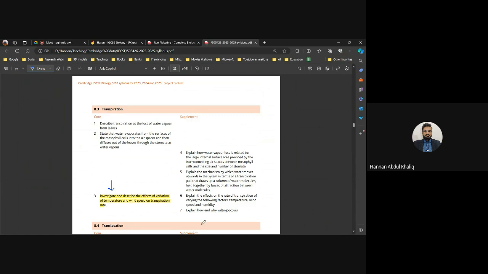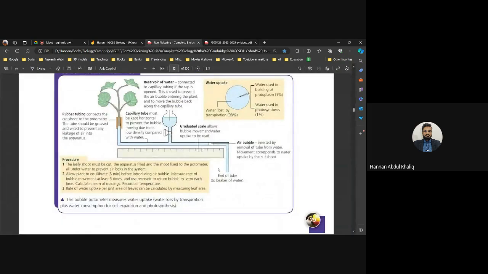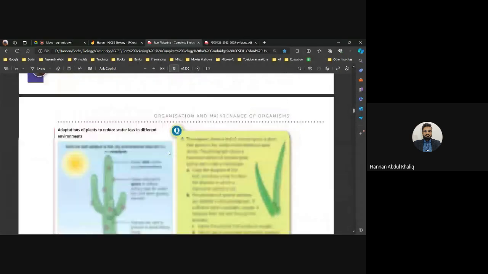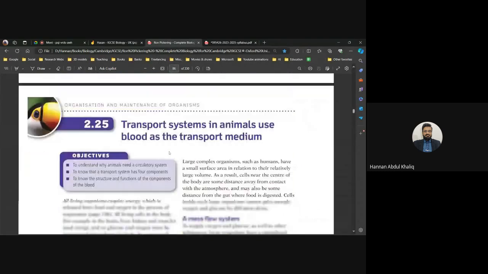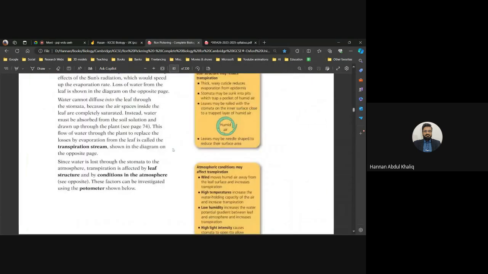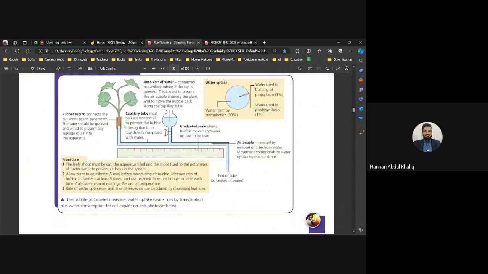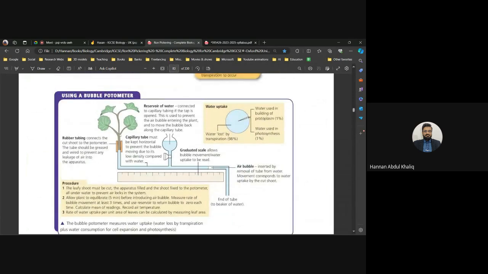Suppose that in your book they are using this particular apparatus, called a photometer. I forgot to mention, this photometer would be available, and in this particular experiment, you may use wind or temperature to test whether the transpiration would increase or decrease.